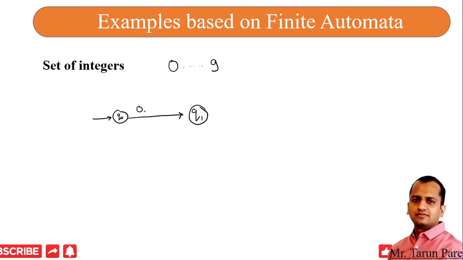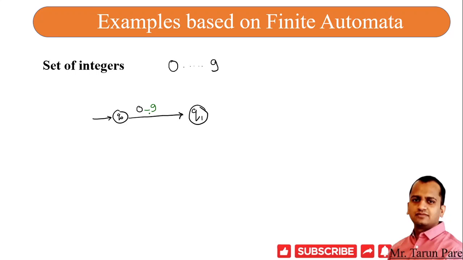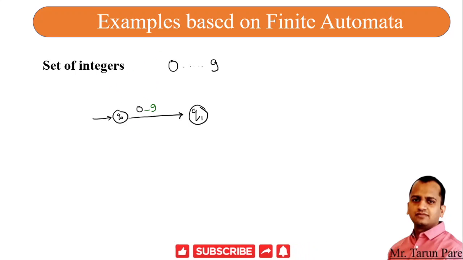Okay, so we are passing from q0 to q1 all the elements which contain symbols 0 to 9. But if we pass 0, will it be any number?